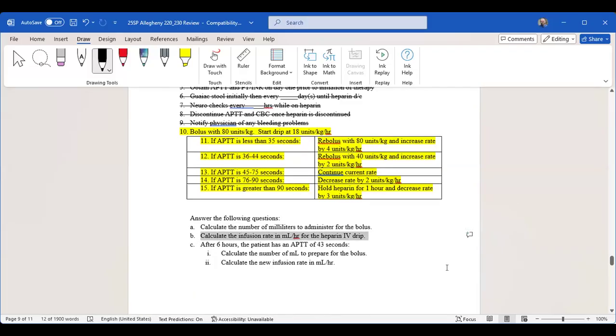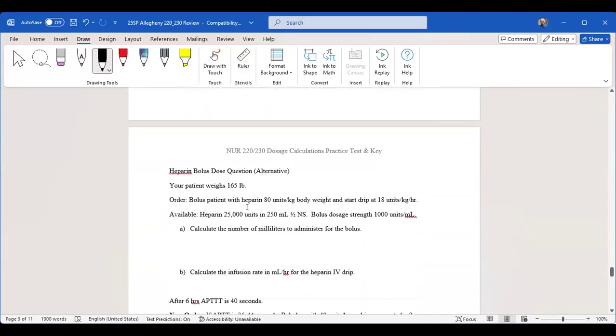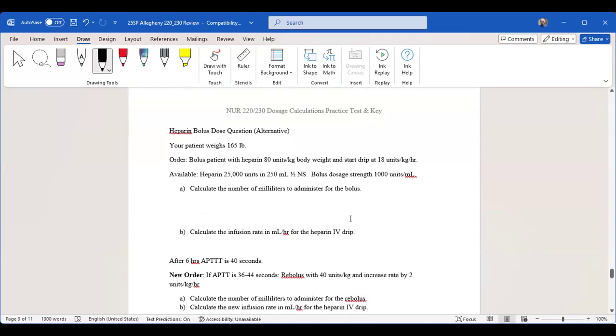I'm going to show you how to navigate all that. I made this into two questions where you do the bolus and infusion rate for the initial phase, and then the bolus and infusion rate after a 6 hour recheck, where we have to make some changes. I also created an alternative version that I think is a little more straightforward.